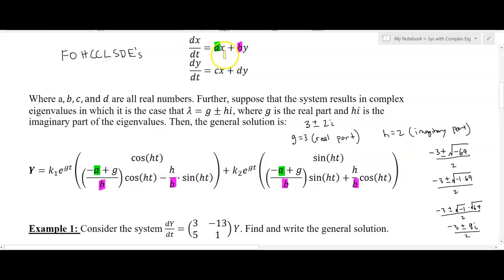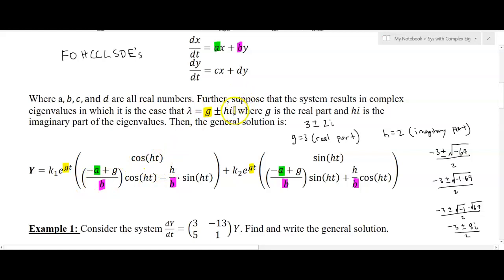The other thing to notice is that the real part, g, ends up being an exponential coefficient. It could be positive or negative. If it is e to the positive something t, then this would result in exponential growth, and if g was negative, then we'd have some sort of exponential decay.